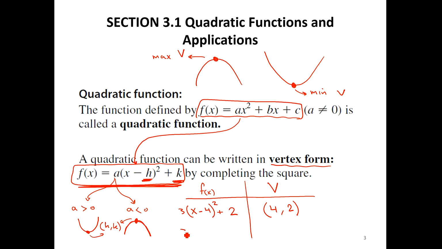If we have 3x squared minus, for example, 5, h equals 0 and k equals negative 5. This is the vertex of the quadratic function. Any question?